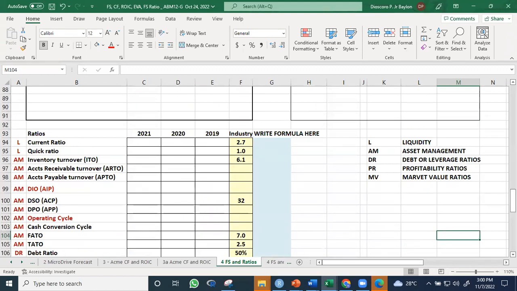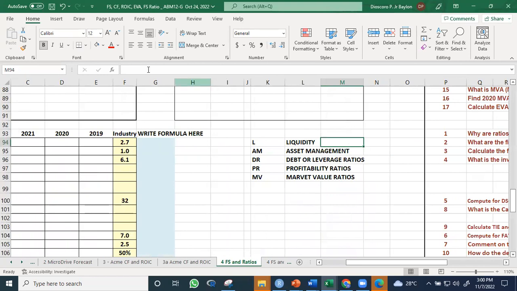Liquidity. So what are liquidity ratios? What do they indicate? What do they measure? Anyone, please? Any guess?